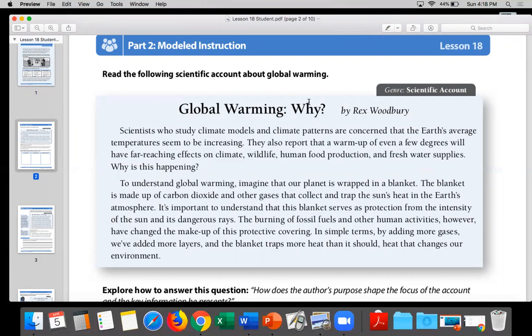Scientists who study climate models and climate patterns are concerned that the Earth's average temperatures seem to be increasing. They also report that a warm up of even a few degrees will have far reaching effects on climate, wildlife, human food production, and freshwater supplies. Why is this happening? To understand global warming, imagine that our planet is wrapped in a blanket. The blanket is made up of carbon dioxide and other gases that collect and trap the sun's heat in the Earth's atmosphere.